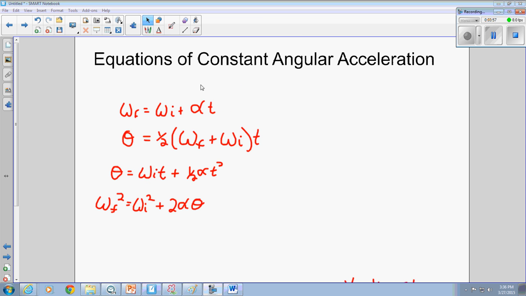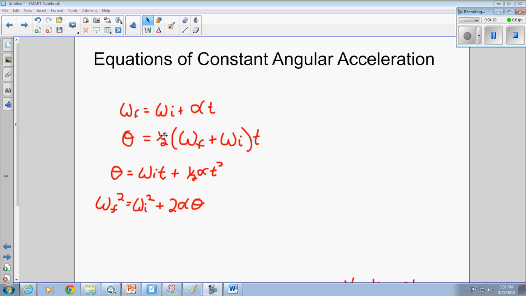Our equations for constant angular acceleration are going to be very similar to our equations for constant translational acceleration. Here they are. Final angular velocity equals initial angular velocity plus angular acceleration times time.